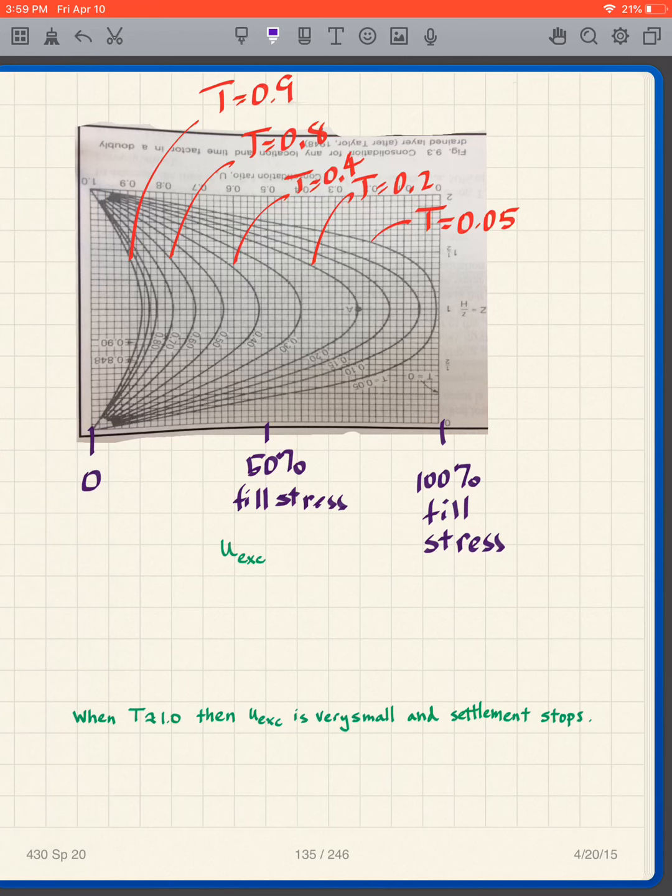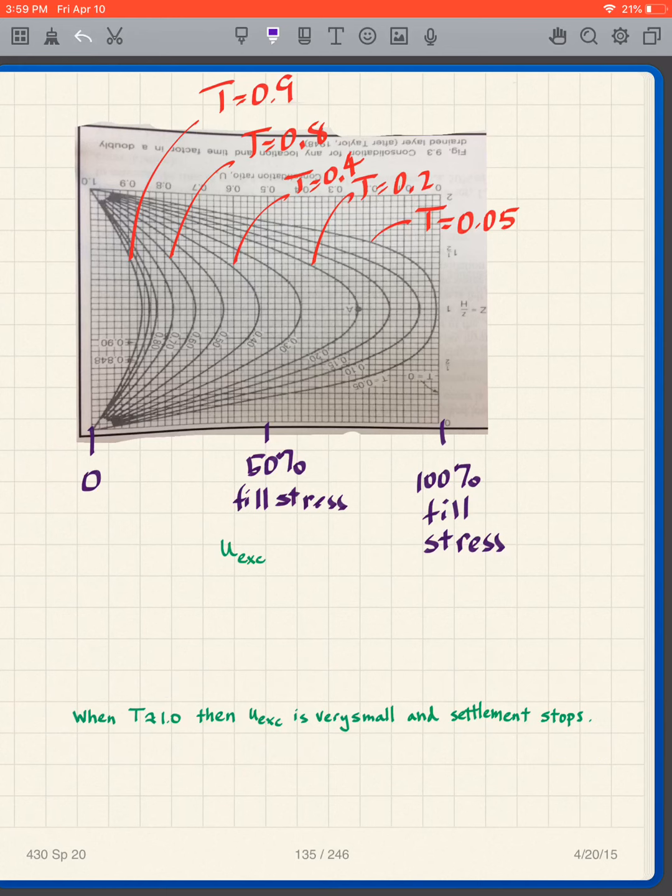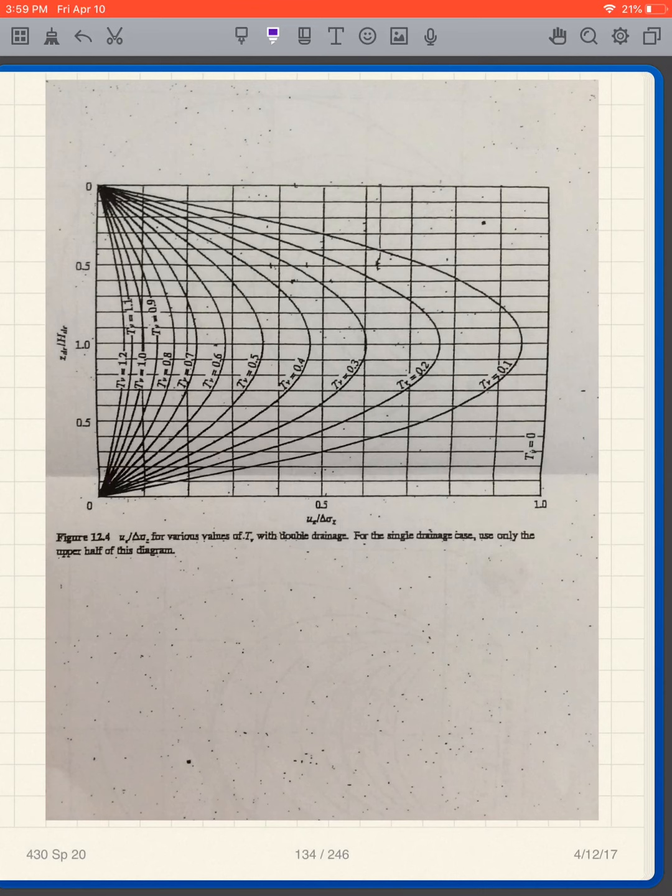Again, this is the same plot. Sometimes it's plotted upside down. I don't like it like that, but you'll see it sometimes written this way. Same thing. The one thing I want you to notice is that when capital T is approximately 1.0, then UXS is very small and settlement stops. So people just like to use 1.0. It's not really.